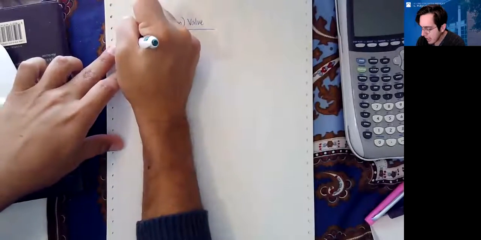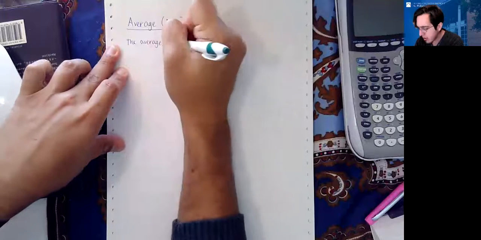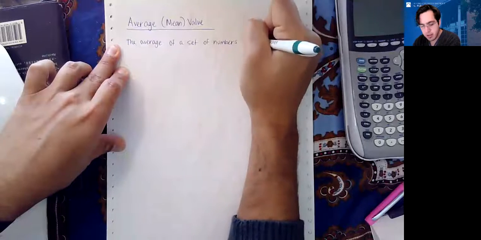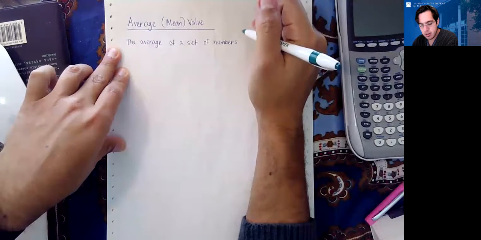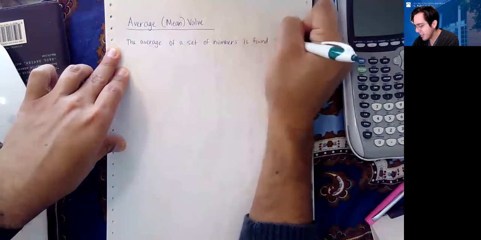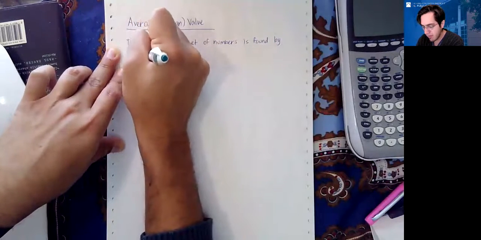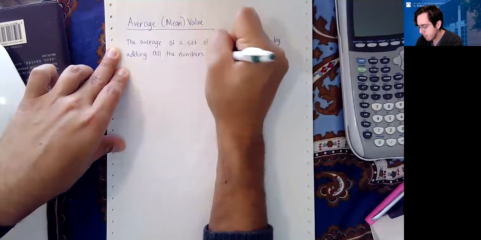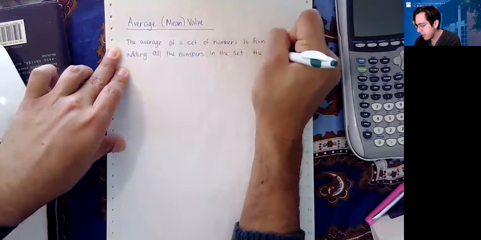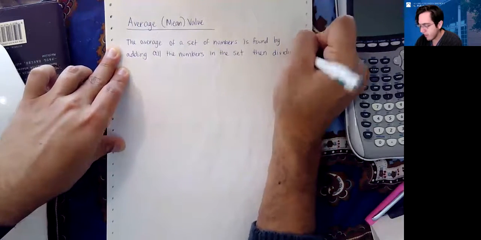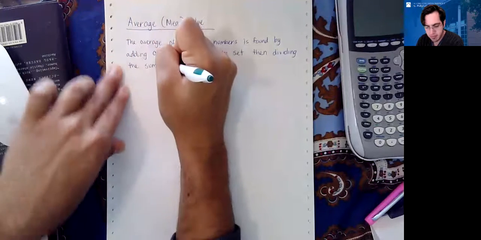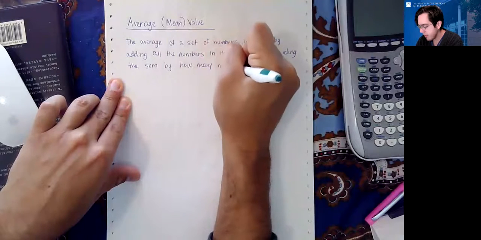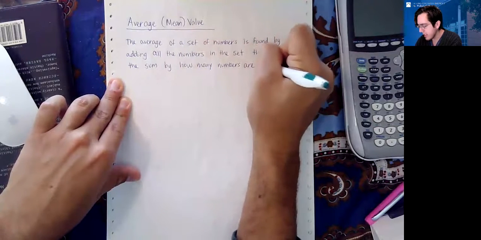So the average of a set of numbers is found by adding all the numbers in the set, then dividing the sum by how many numbers are in the set.